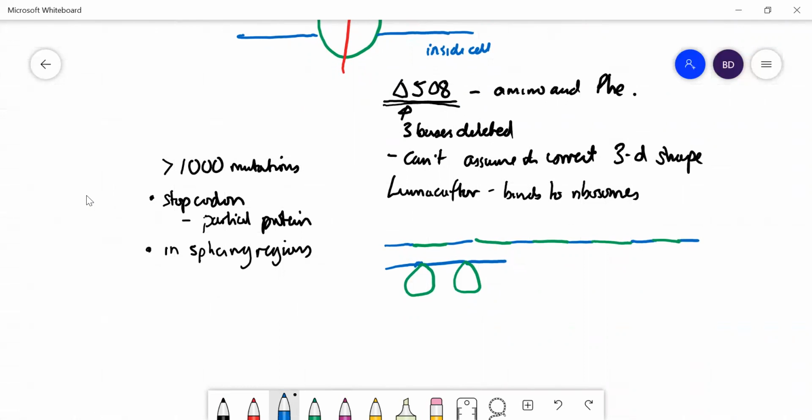Now, it seems strange that for this one gene there should be so many different mutations, and the fact that these mutations are obviously persisting and haven't been removed by evolution. There is a suggestion, like with sickle cell, that maybe being a carrier gives some evolutionary benefit, just from the mere prevalence of the mutations.